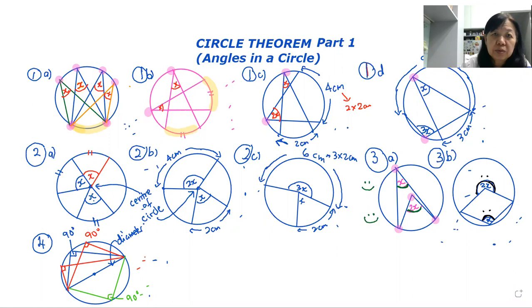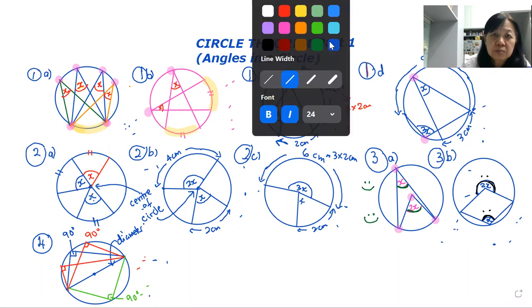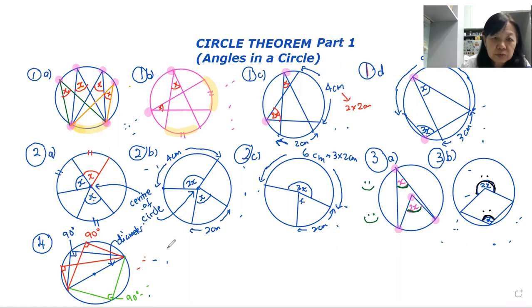Okay, I'm going to do the next theorem. Theorem number 5. This would be something to do with, now that one is diameter, right? So we have the center here.